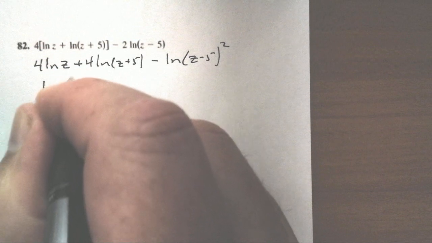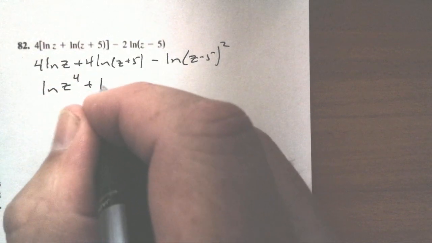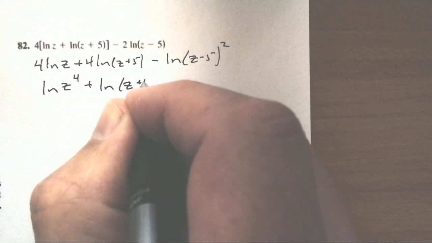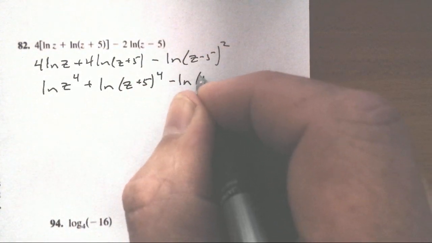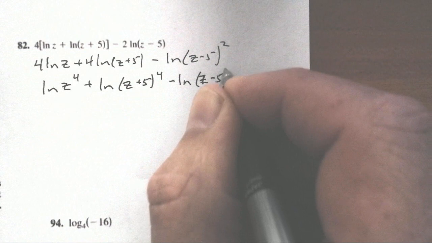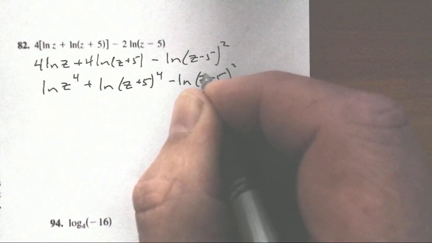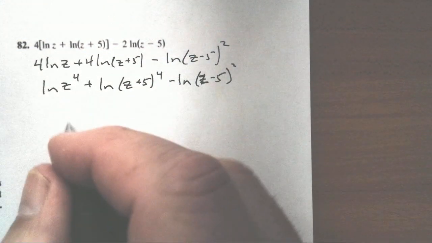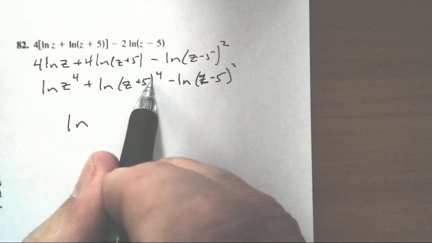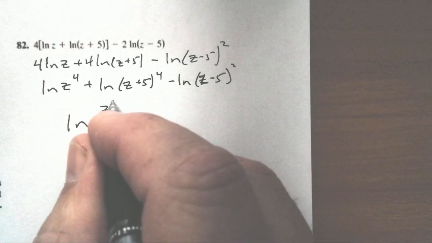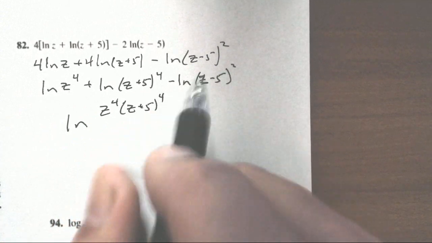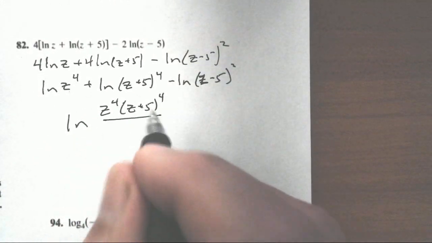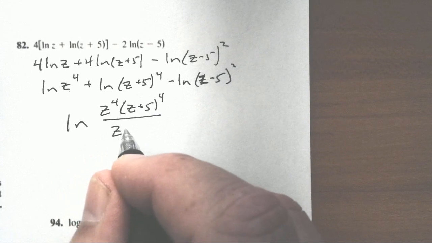That's ln z to the 4th plus ln z plus 5 to the 4th minus ln z minus 5 to the 2nd, and that becomes a single ln. The sum terms go in the numerator. The difference goes in as a factor in the denominator.